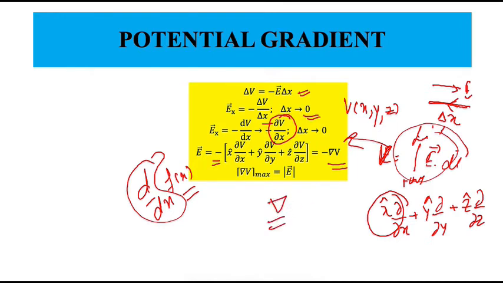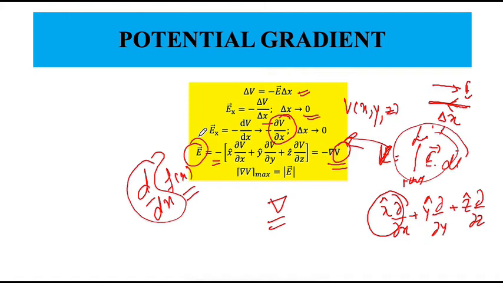Okay, and you have to be careful here. On the right-hand side of this expression there is the potential function V, which is scalar, and I am applying an operator to it so as to convert that potential into a vector quantity.